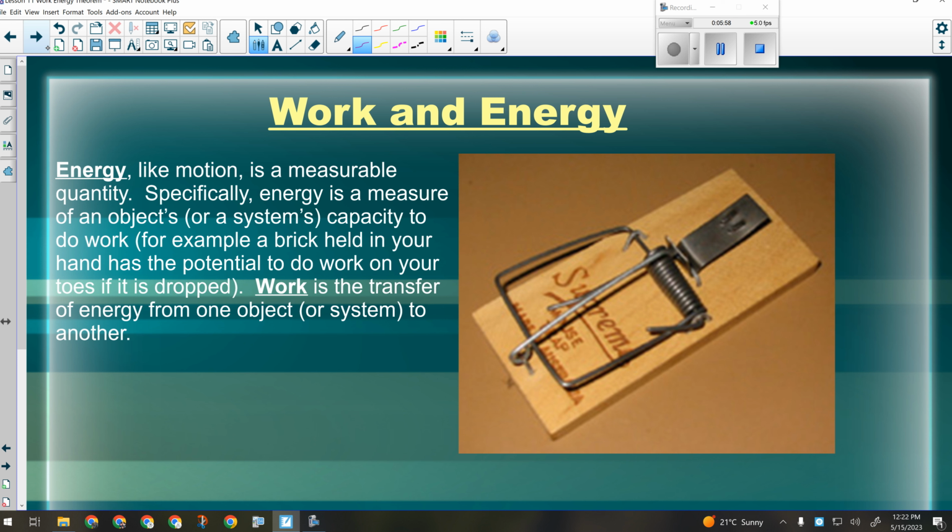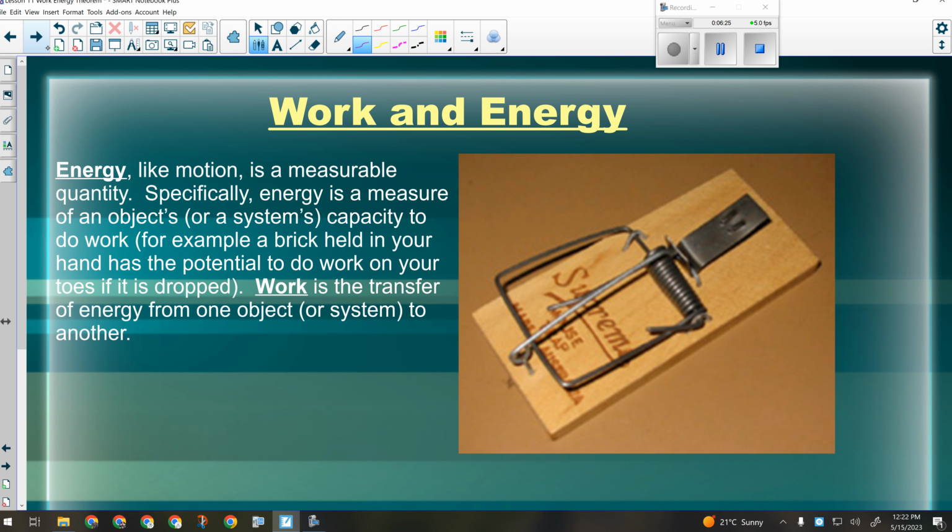It loads the spring. In moving that bar, am I doing work? Yeah, because I'm exerting a force through a distance on it, and then I'm locking it in place with the locking bar or the trigger bar. Okay, and then when something comes and steps on this, the trigger will be released, and the spring will do work on the mouse, changing its shape.